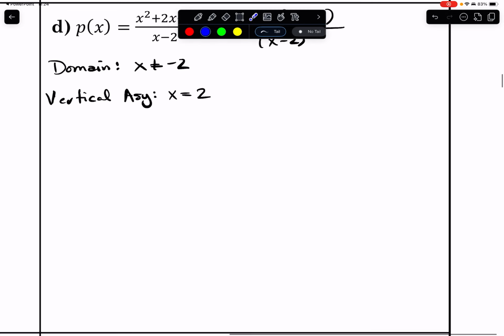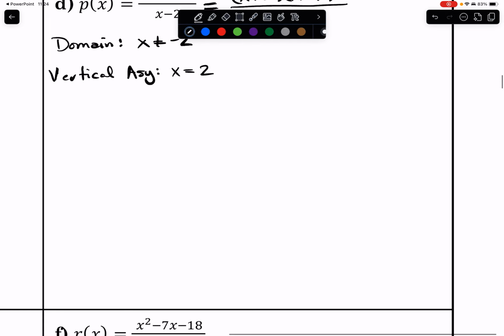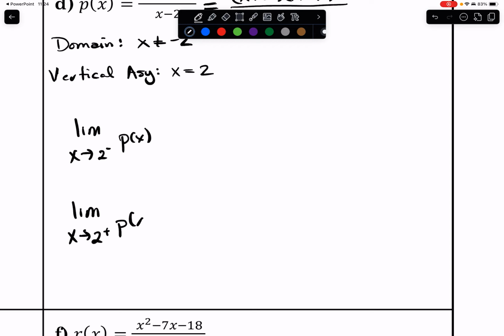Now let's see what's happening to this function as the limit of x approaches 2 from the left, and what's happening as x approaches 2 from the right.